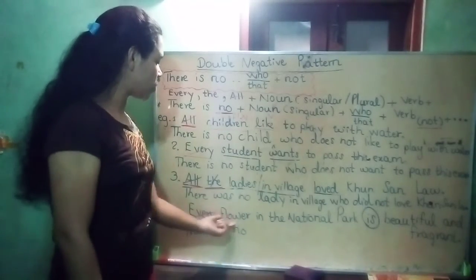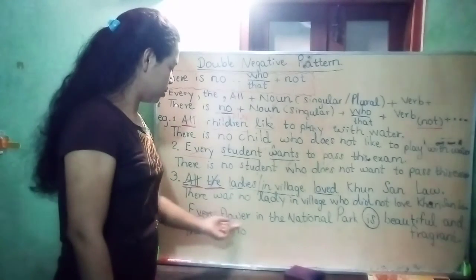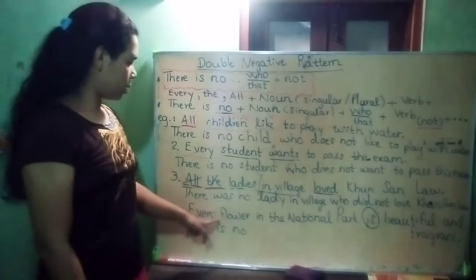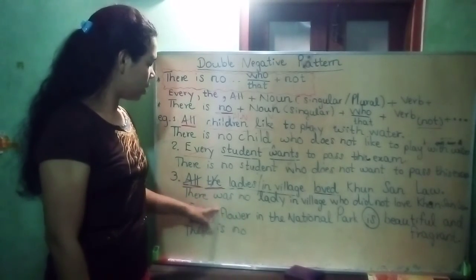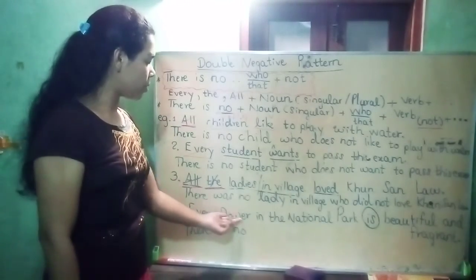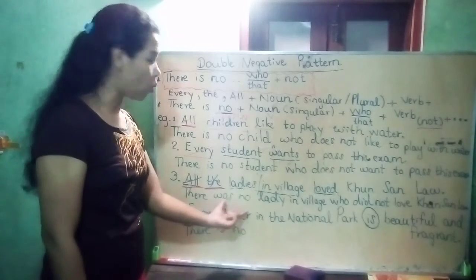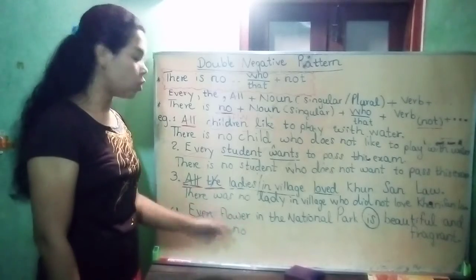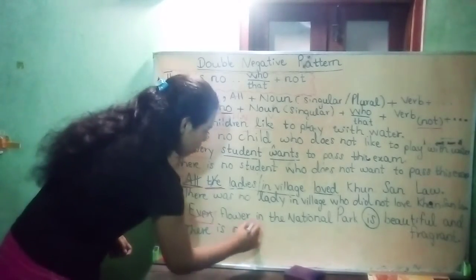So please focus on flower, the noun in this sentence. Flower is a singular noun because there is no s at the end of flower. So flower is singular. So you don't need to change it. So there is no flower.